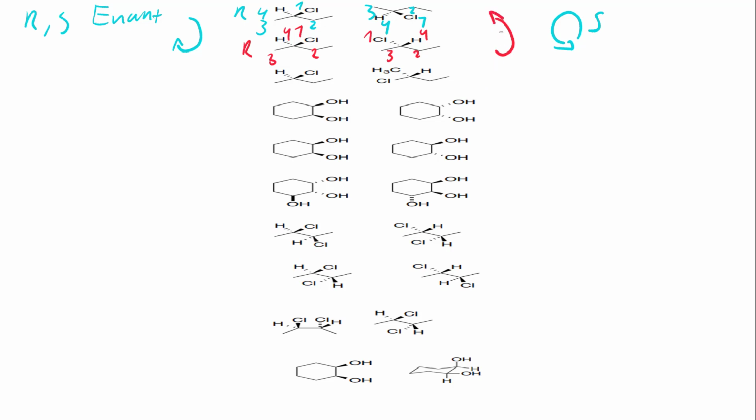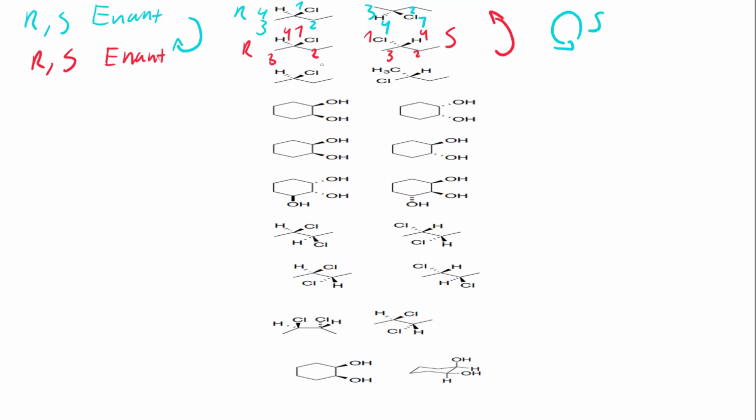That's going from 6 to 12, the wrong direction. So that's going to be an S configuration. Over here, it's R and S. Turns out that it's an enantiomer. Let's go over here in this nice pink color.